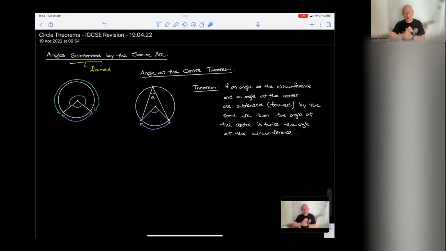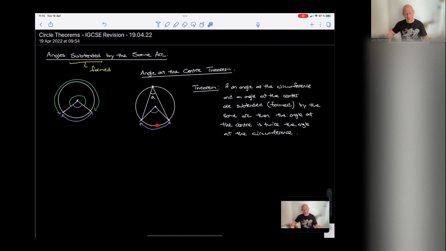When you look at that circle, the thing you need to notice here is, okay, I've got a circle, of course. And what you need to recognize right away is that I have an angle at the circumference and I have an angle at the center. The next thing you have to ask yourself is, which arc is forming the angle at the circumference? We just saw it's this one here.